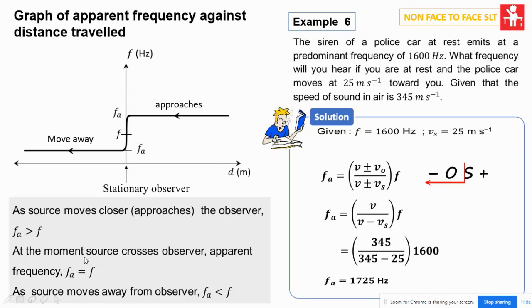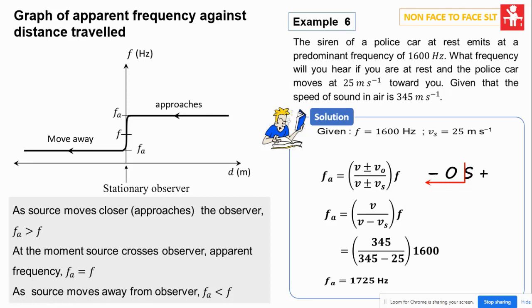At the moment the source crosses the observer, the apparent frequency will be equal to the actual frequency, fa = f. Next, as the source moves away from the observer, the actual frequency is greater than the apparent frequency.